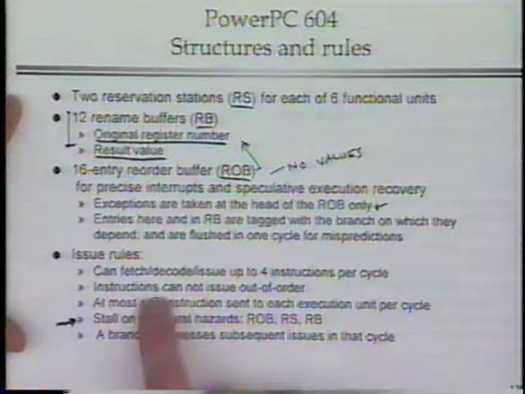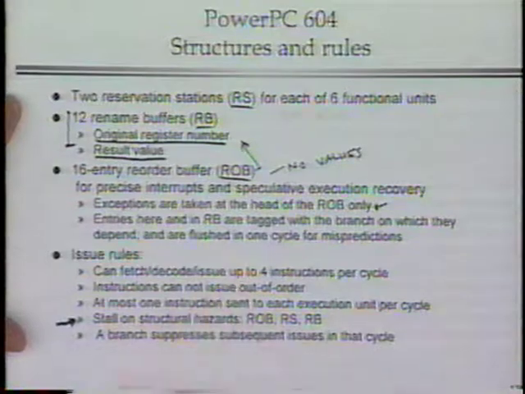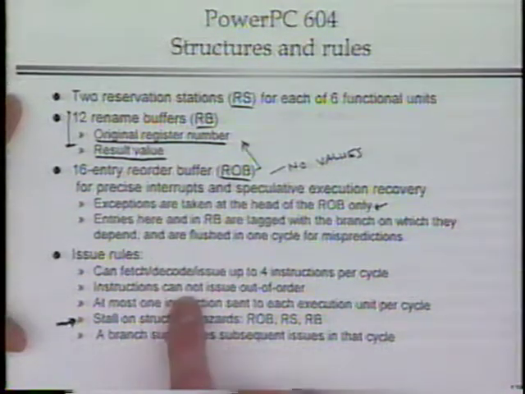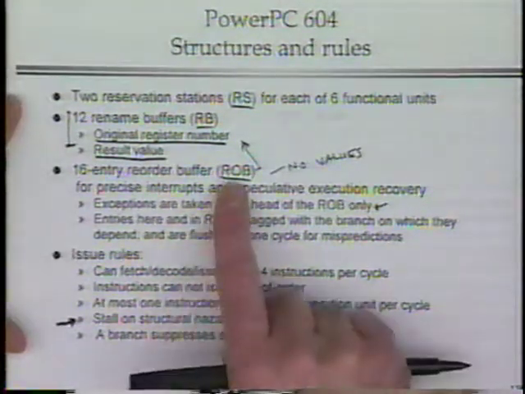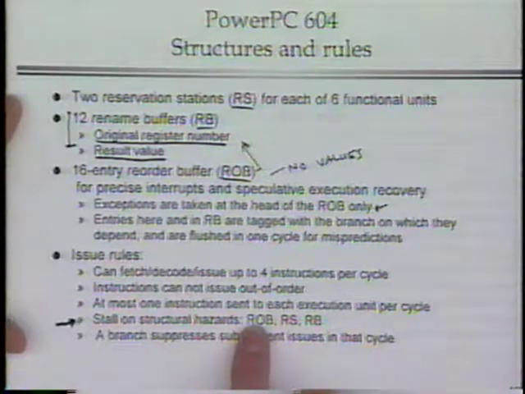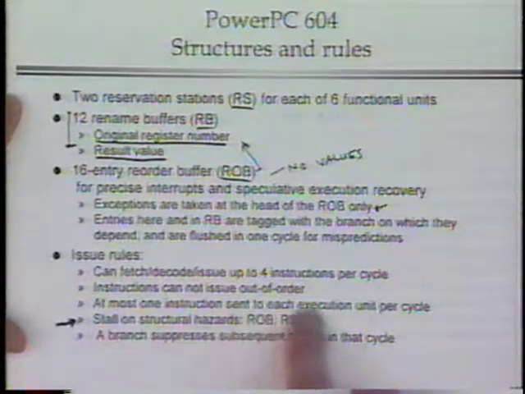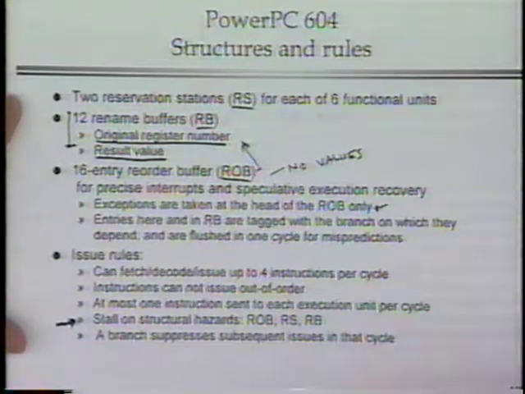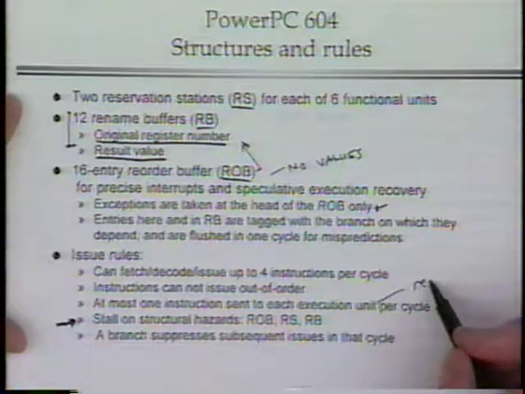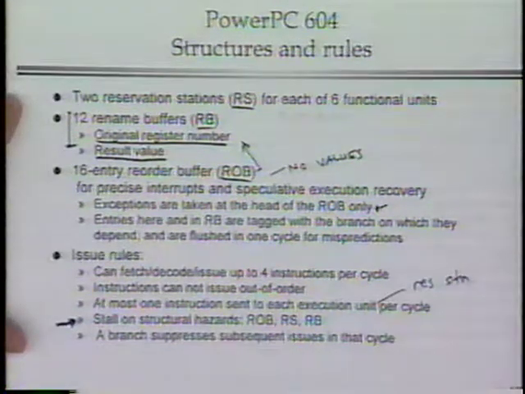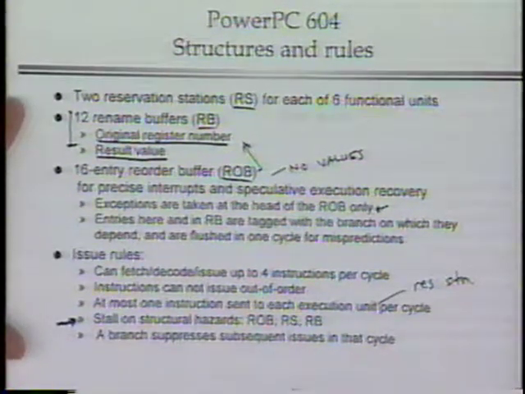If that's not true, you can fetch, decode, and issue four instructions per cycle, but they have to be issued in order. The entries in the reorder buffer have to be done in the correct order, so you can't do out of order. At most one instruction can be sent to each execution unit, which is to say to each reservation station in front of the execution unit, because there's only one path there, as I described before.